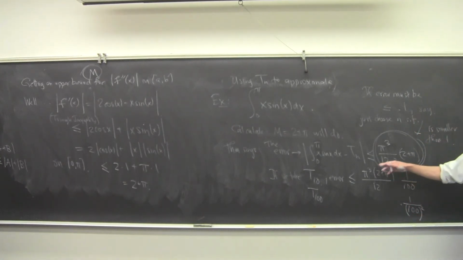So it tells you how far out you have to go. You can figure out what approximation you need in order to get that accuracy. That's the point of this formula.